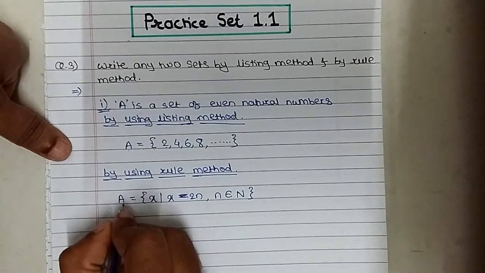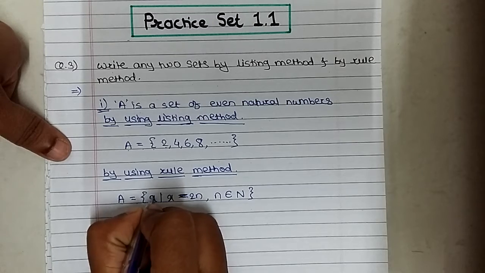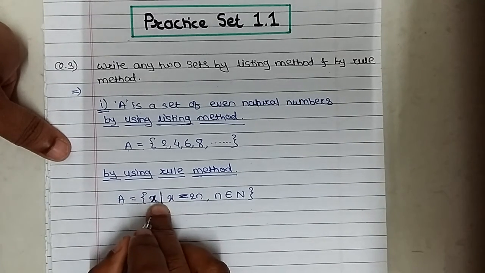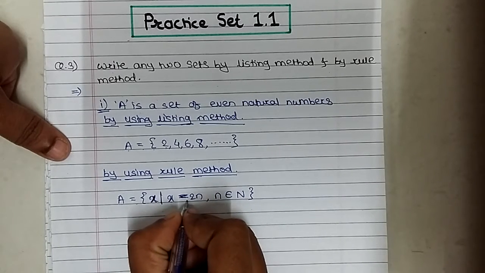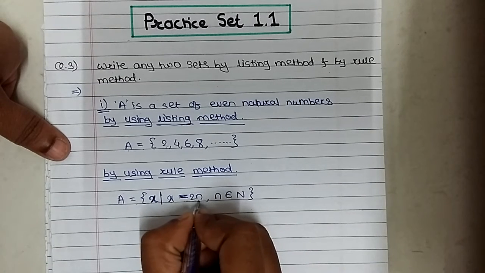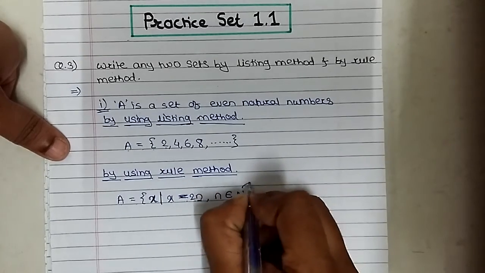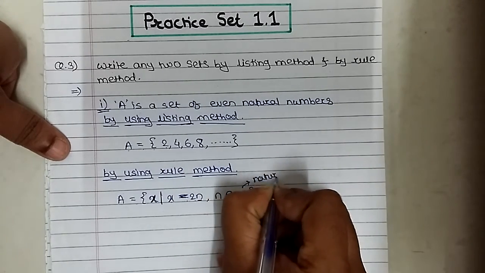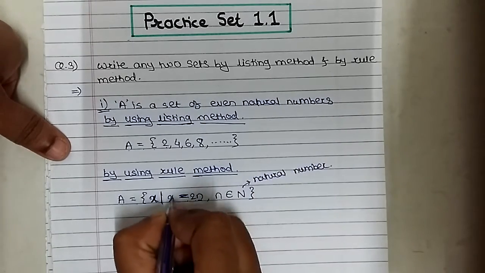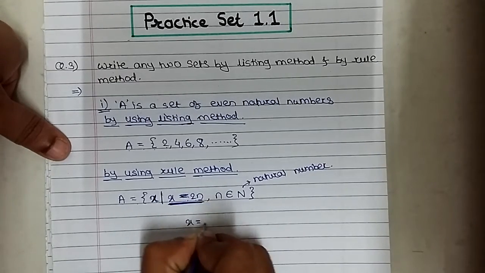Set A is equal to curly bracket open, one variable x, such that x is equal to 2n, where small n belongs to capital N. Capital N is for natural numbers. So here is one formula: x is equal to 2n.